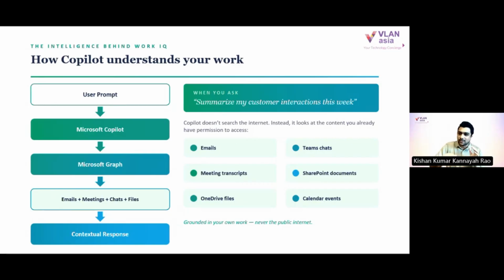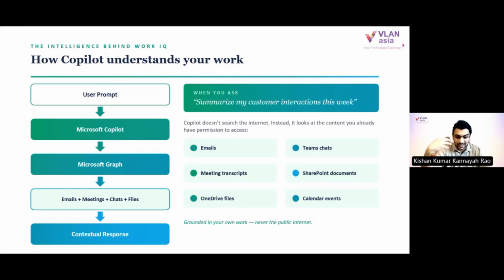So that's how Copilot is actually understanding your work. It uses the prompt to keep it in Graph so that it trains the brain, the Work IQ brain. So same concept here, right? So when you ask, summarize my customer interaction this week, Copilot doesn't search the internet. If we go and search the internet, it gives you some random answers, right?